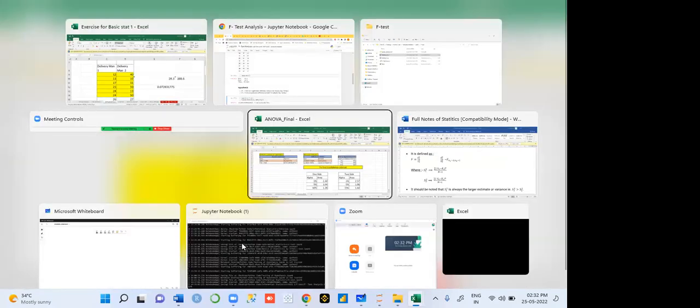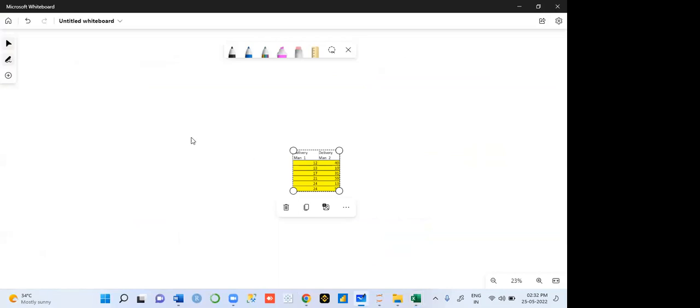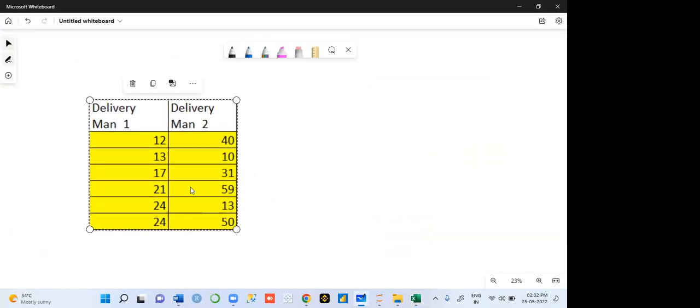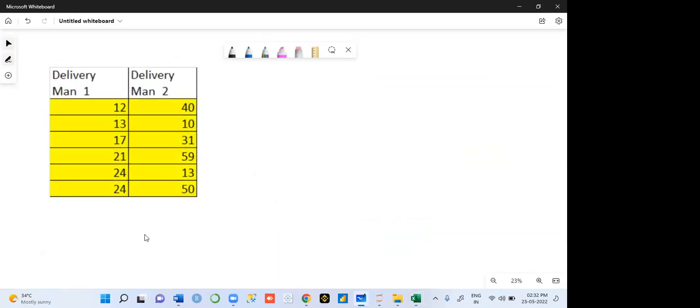Sir, if you don't mind, once can you show how to calculate variance? First, give me the mean for each value. 18.5. Now mean for the first one, 12 minus 18.5, remember, square. 13 minus 18.5 square.